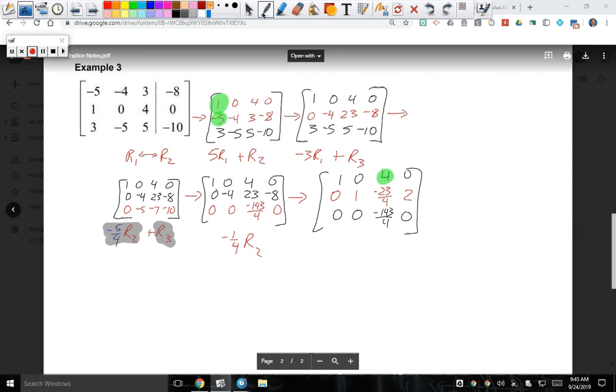Alright, we're almost done. This is our last problem, obviously. Let's make this 4 into a 0. That means I'm going to add something with row 1. Which row do you think we're going to add to row 1? Row 3. Nice. Because we want to keep that second column a 0.